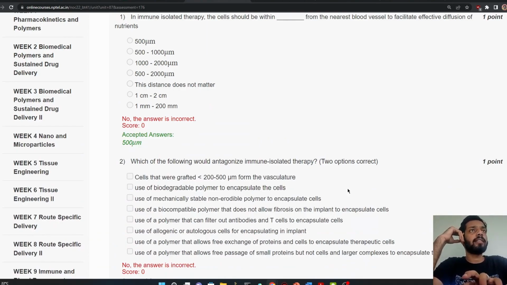Which of the following would antagonize immune isolated therapy?